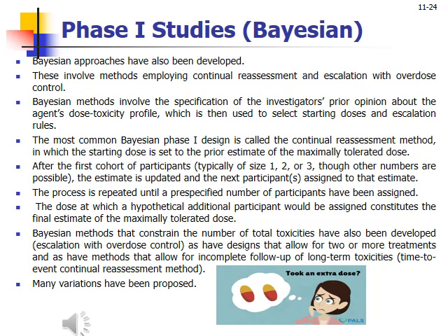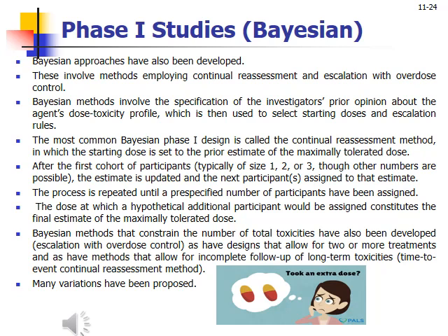The process is repeated until a pre-specified number of participants have been assigned. The dose at which a hypothetical additional participant would be assigned constitutes the final estimate of the maximally tolerated dose.